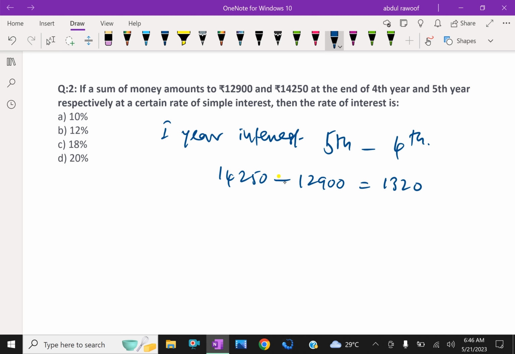1,350. Now 4 year interest is 4 into 1,350, which gives 5,400.